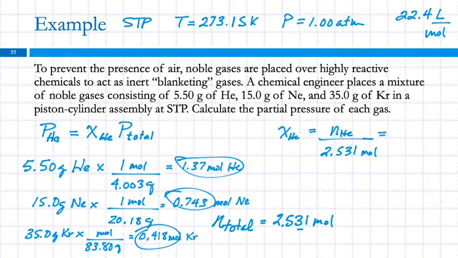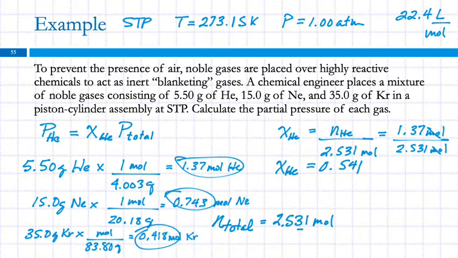So moles of helium: 1.37 moles divided by 2.531 moles. The mole fraction of helium is equal to 0.541. It's unitless because moles cancel out, there are no units.